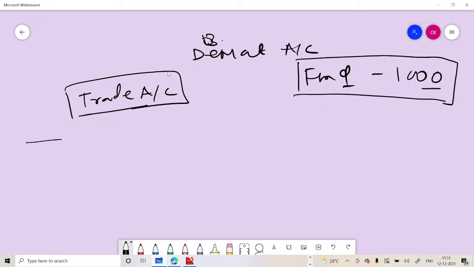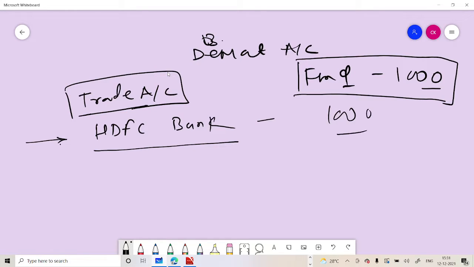Now you're looking for a purchase of securities, and that is for, let's say, HDFC Bank, which is worth rupees 1000, and you want to purchase, let's say, 10 securities, 100 each per equity.